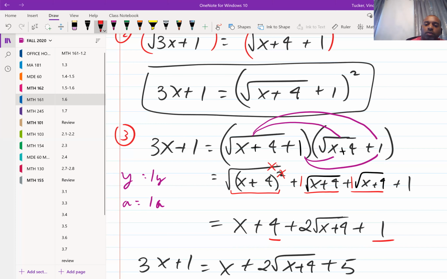So this simplifies to just x plus 4. All we did was get rid of the radical. Then adding these two together would be 2x plus 2 square root of x plus 4. We're just adding the numbers in front of it. Like I said, that's just 1, so 1 plus 1 gives us that 2. And this 1 is still here in the back. Any problems with getting here?